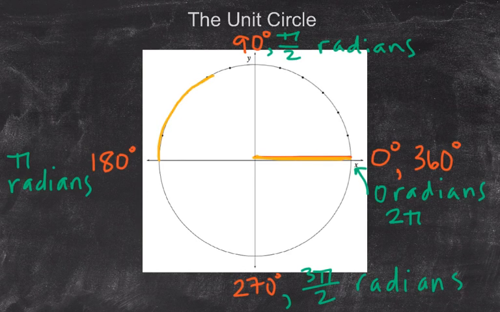Because the circumference of a circle is 2 pi times the length of the radius, there are 2 pi groups of a length of r around the outside of a full circle.